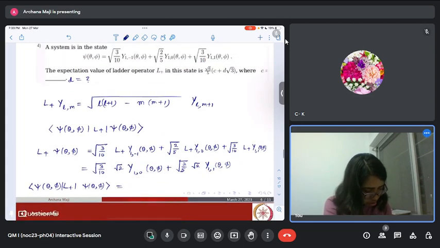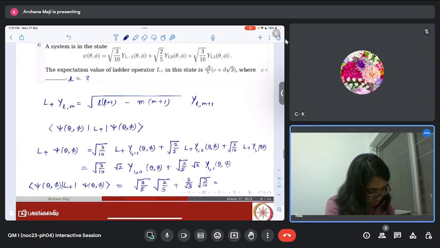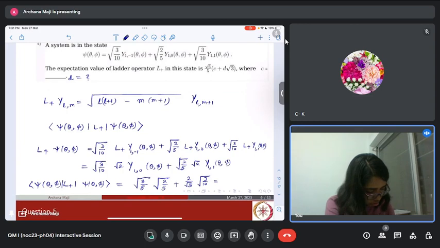So that means this is equal to, you already have this coefficient, square root 3 over 5, and then this coefficient will get multiplied, square root 2 over 5 plus 2 over square root 5 from this coefficient, and here you have square root 3 over 10. So this is 2 square root 6 over 5. Is that correct?